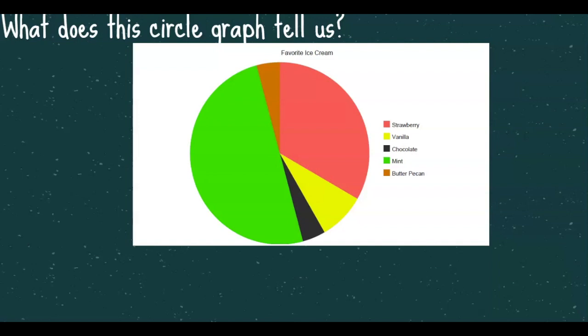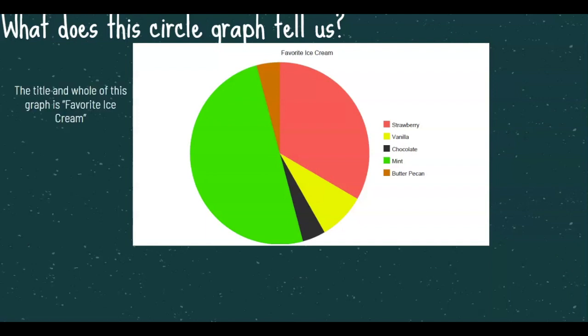Every space is accounted for, okay? So here was a survey where they surveyed people's favorite ice cream, and these are the results. Notice there's just the colors and the key. So when you're dealing with a circle graph, they will have a key that you can refer back to that tells you what's happening with the graph and what represents what.